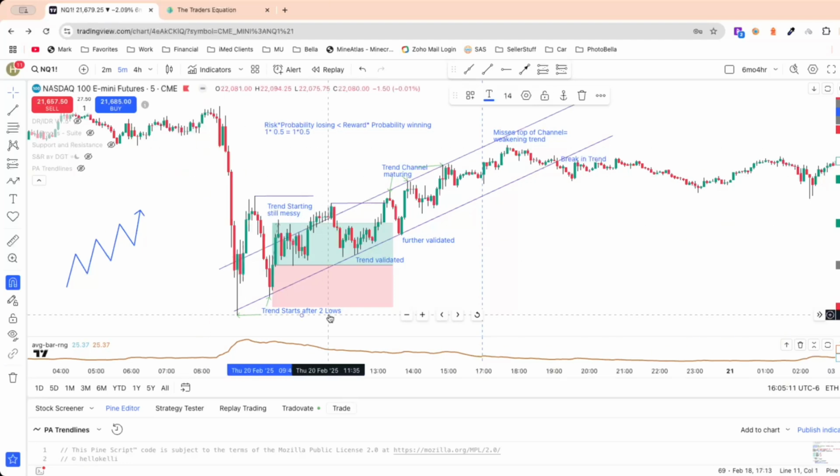If I wanted to do a 1-to-1 risk to reward ratio, I need to be a lot better and more confident at the probability part, at knowing if this is a winner or not. So I need to be more like 70% sure. Since this is the probability of losing, I need my losing probability to be at like 30% losses and 70% wins.